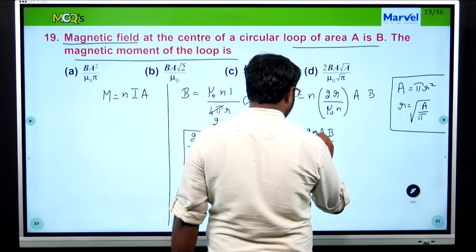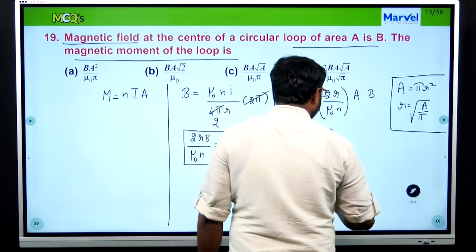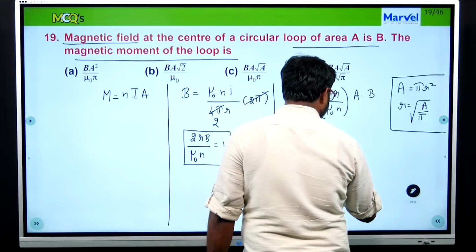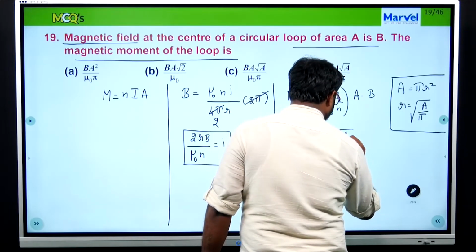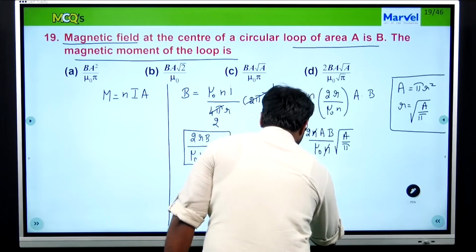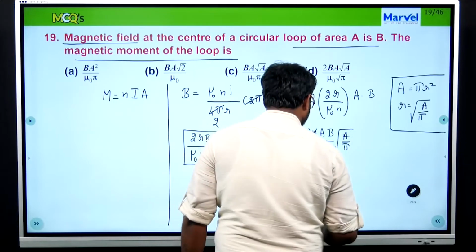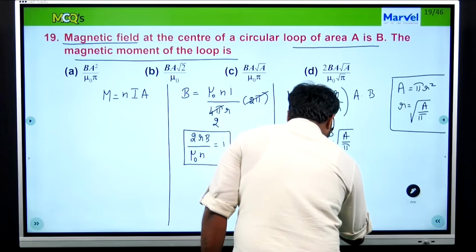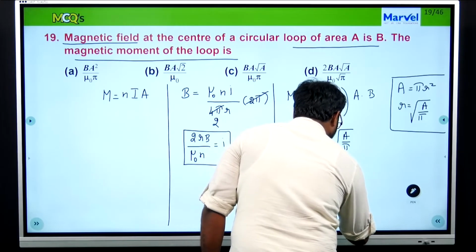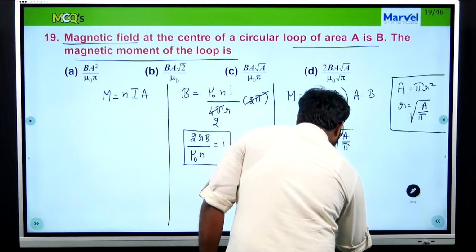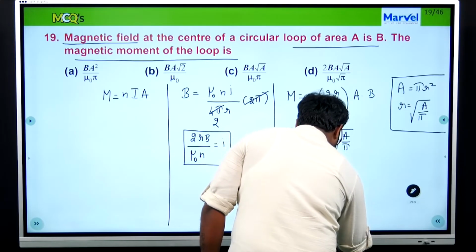Okay, so n and n will go down, so no problem with that. R is replaced as root of A by pi. So M is equal to 2 into A into B of root A by mu naught times root pi.